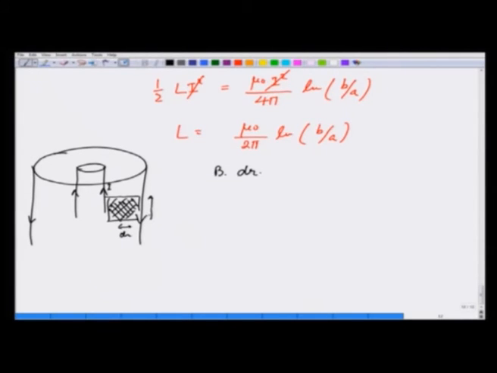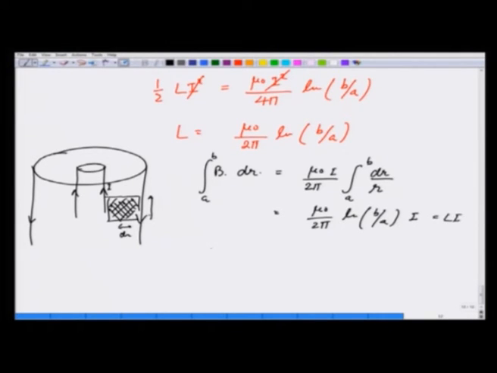This will be the flux, r varying from A to B, which is equal to mu 0 over 2 pi I integral dr over r, A to B, which gives me mu 0 over 2 pi log of b over a times I, and it should be equal to L I, and therefore, this gives me L equals mu 0 over 2 pi log of b over a.